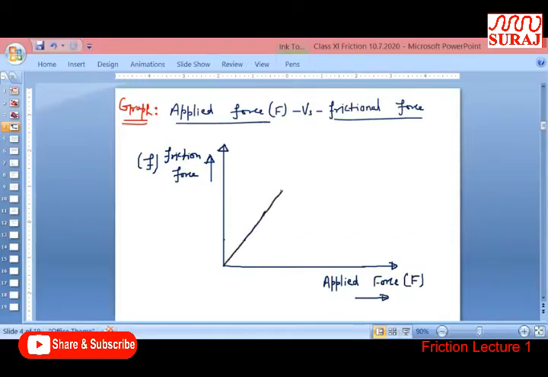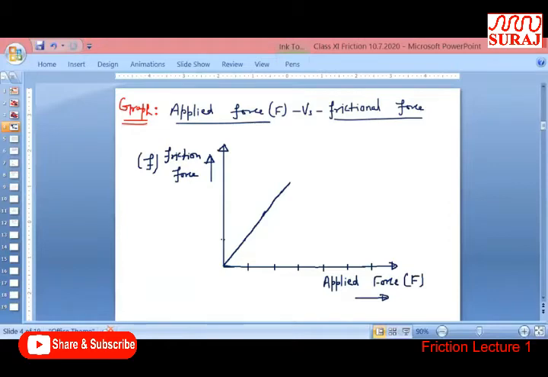So initially what they have seen, as the applied force increases on the x-axis, the friction force increases in the same proportion. Mark my word, I am speaking slowly because this is a very important concept.